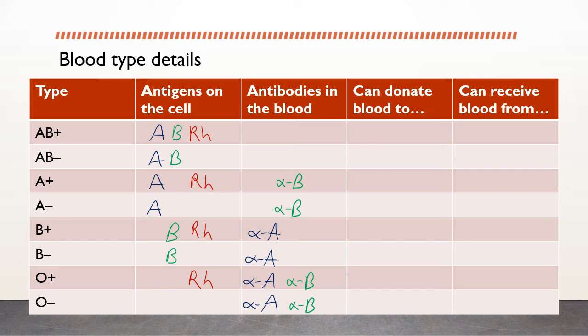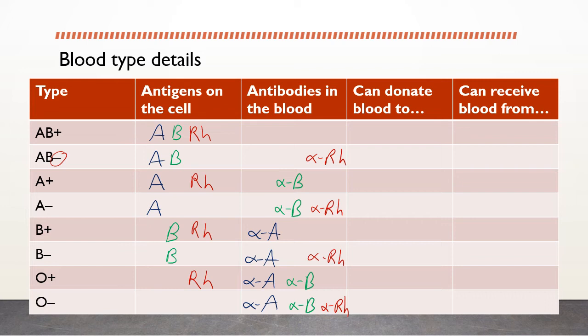So this patient, we're going to act as though they have anti-Rh antibodies because they're Rh negative. Okay, so if you're negative for Rh, we'll pretend that you have anti-Rh antibodies, or we'll assume that you might. Okay, so now we've got a map of who's got what antigens and who's got what antibodies.